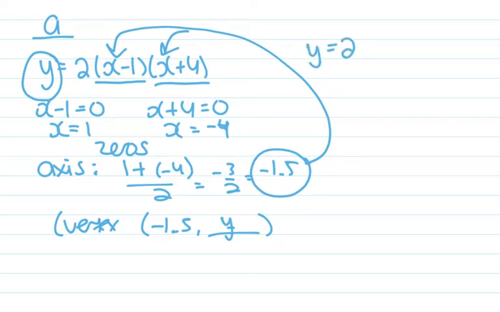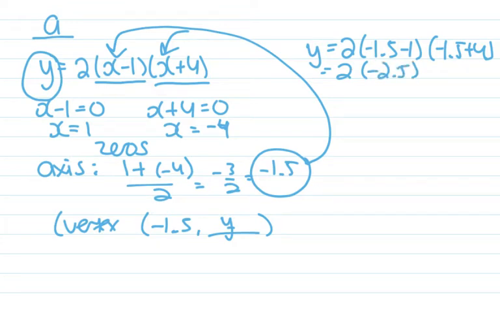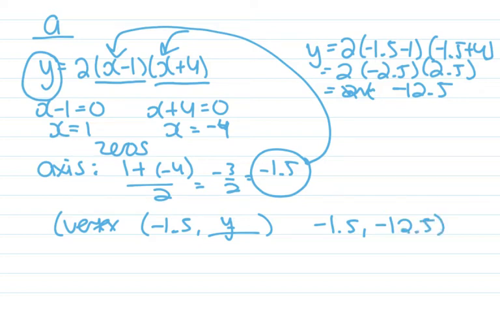So y equals 2 times negative 1.5 minus 1, negative 1.5 plus 4. Negative 1.5 minus 1 is negative 2.5, and negative 1.5 plus 4 is positive 2.5. Multiply all three of those numbers together, and we get negative 12.5. So my vertex is negative 1.5, comma, negative 12.5.